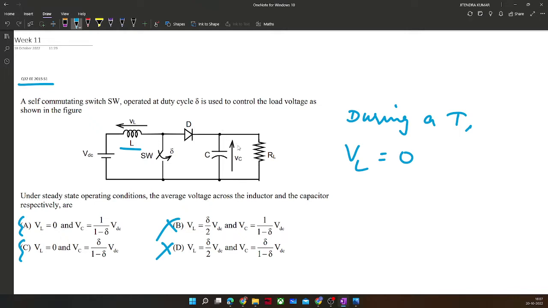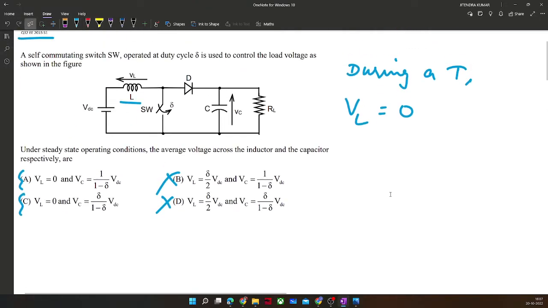And if you do the volt-second balance across the inductor, that will lead us to the value of the output voltage, or the voltage across the capacitor, which is asked. So we will do that.